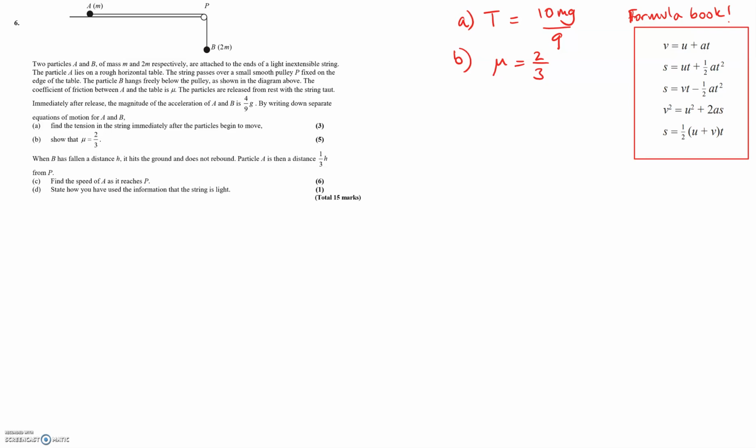And for this, I'm probably wanting to draw another diagram. So let's say this is the table edge with the pulley, and now B has hit the ground. So that's A, that's B, and it's dropped a distance of h.